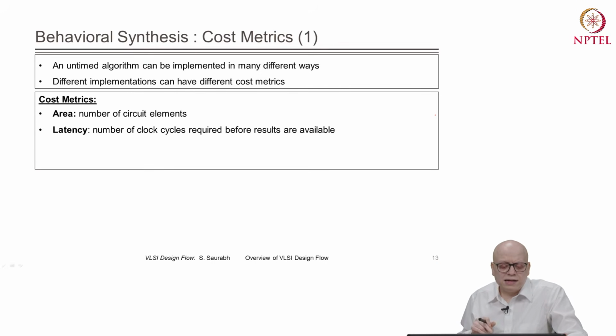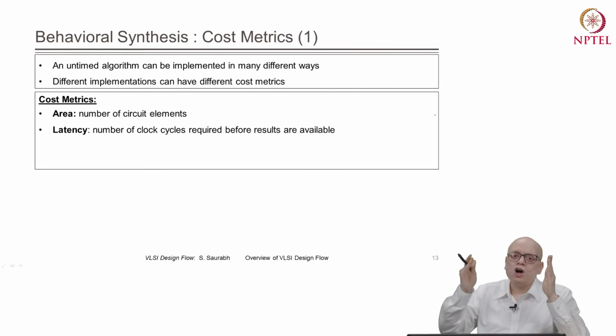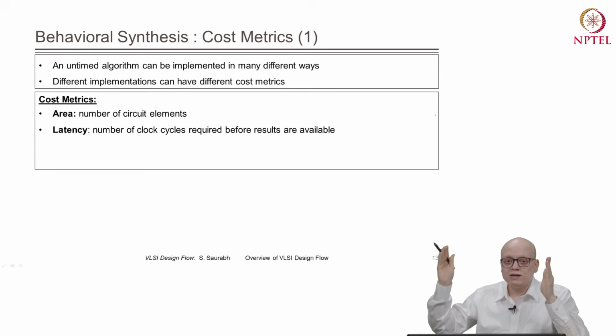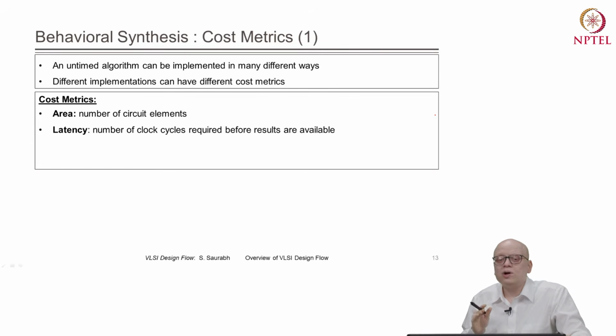And then the second cost metric can be latency. What is latency? It is the number of clock cycles required before results are available, right. So if we make a change at the input, then after how many clock cycles the result is available at the output, that we call the latency, right.